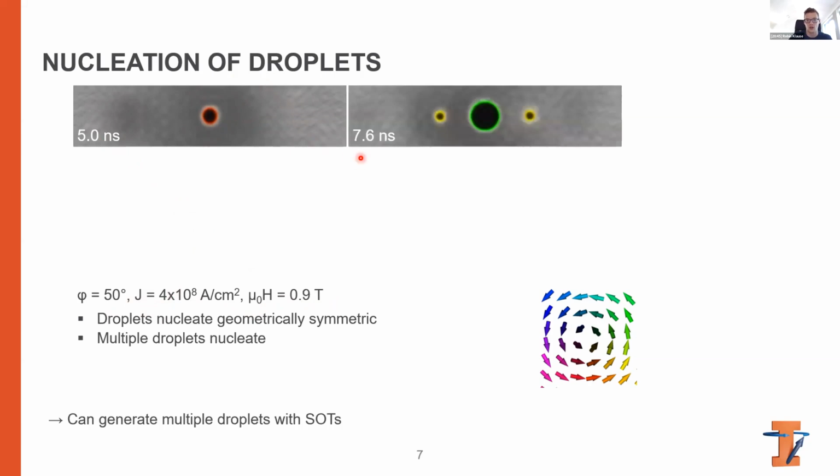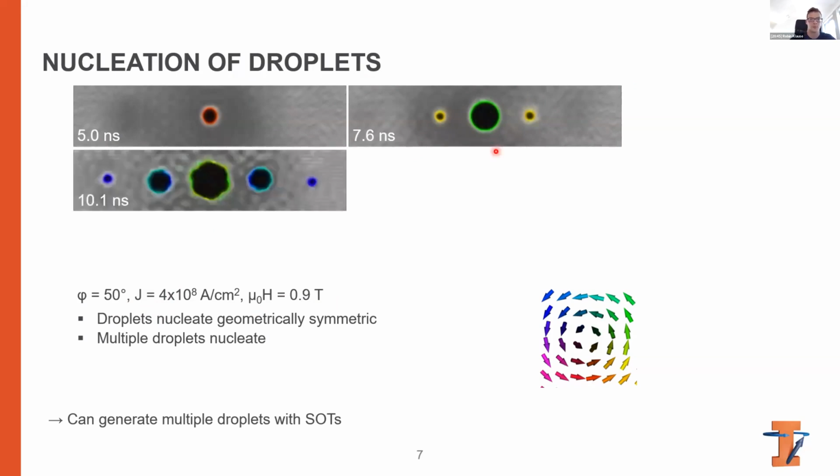And then after more time, we can see that 2 more droplets nucleated on either side of the first one, and that the first one has grown in size. So from this, we can already see that because we're injecting spin torques over the whole ferromagnetic layer region, we're able to generate multiple magnetic droplets instead of just one, as in the nanocontact geometry.